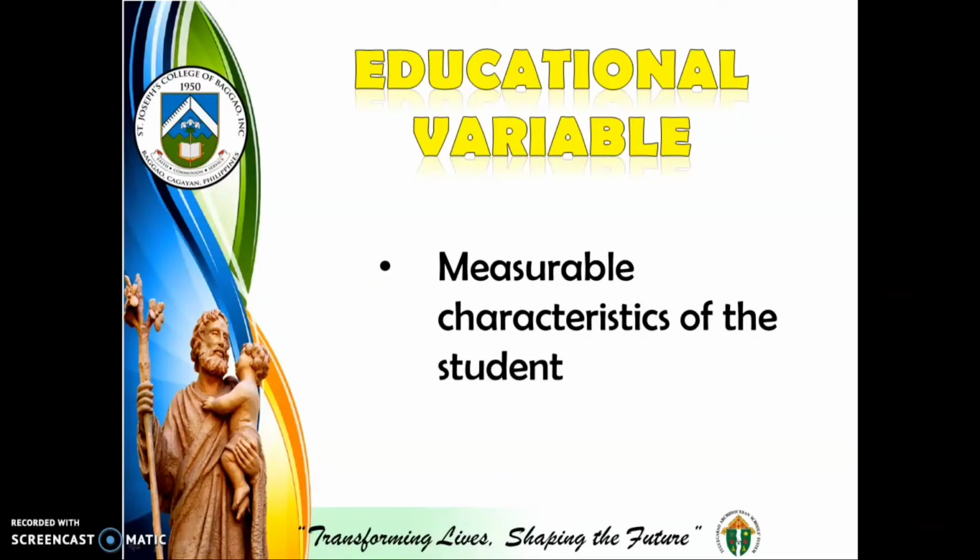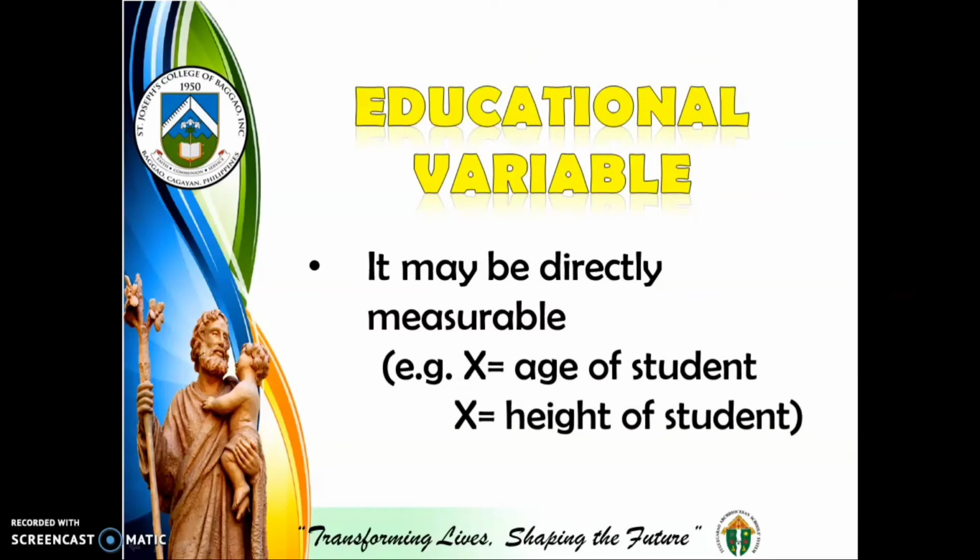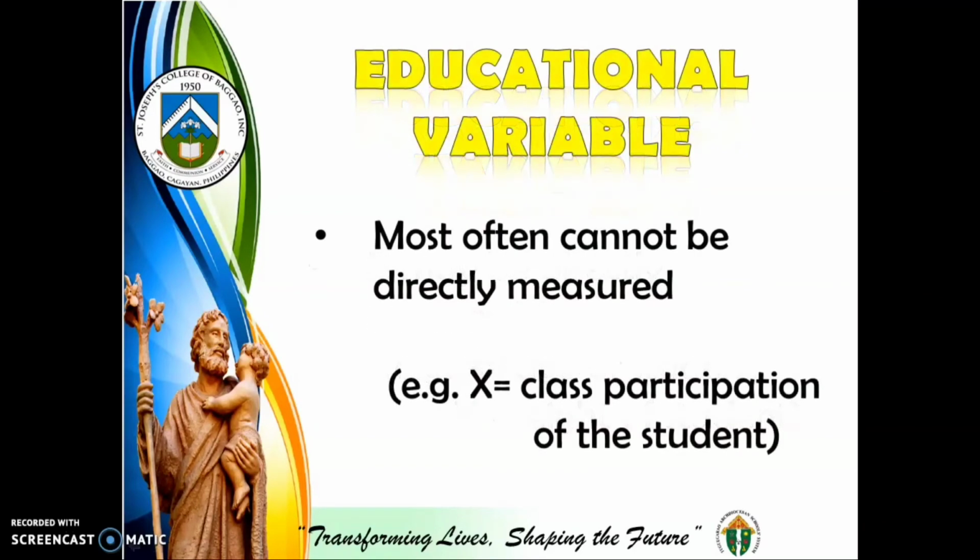It may be directly measurable, denoted with the alphabet letter X. An example is X can be denoted by the age of the student, the height of the student. Most often, class, it cannot be directly measured. An example of this is X equals class participation of the student.